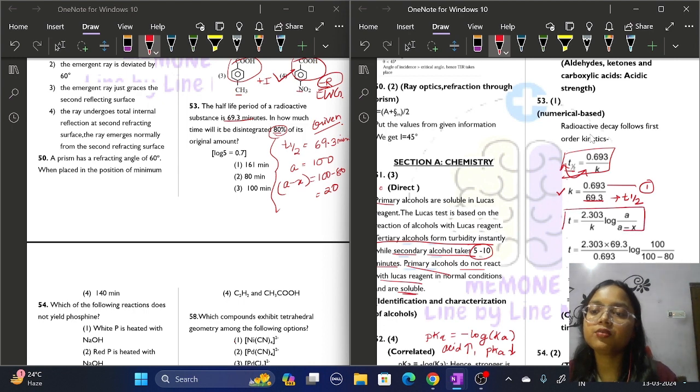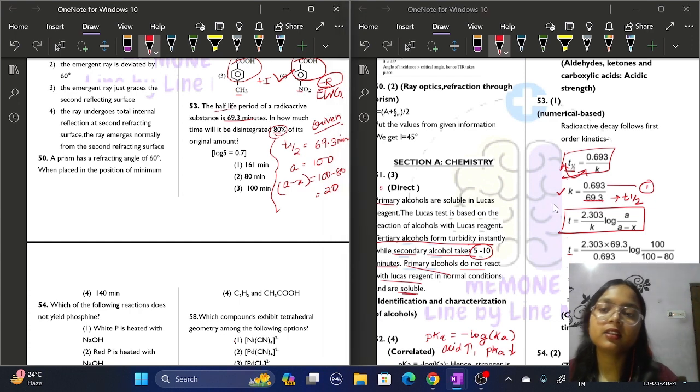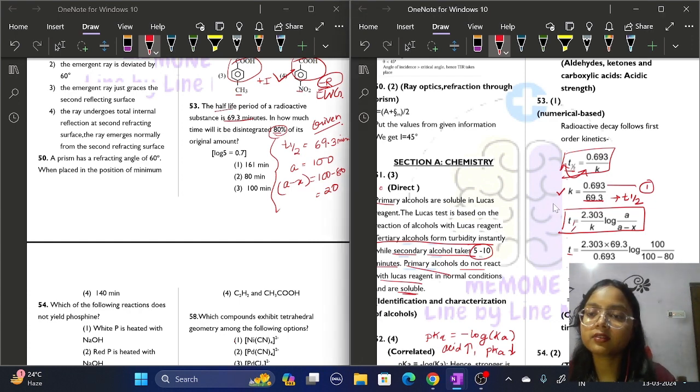Now we use another formula, which is T equals 2.303 by K log A by A minus X. Let the T be the half life time, so this is T half. The value of K, which we calculated in equation 1, we put in here: 0.693, and the 0.693 goes upwards.